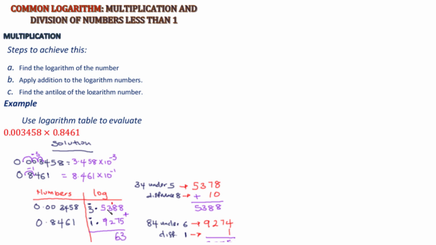Put your 1 here. 1 plus 3, 4. 4 plus 2, that's 6. 6. Now this will be 5 plus 9, that's 14. Point, you carry 1 here.